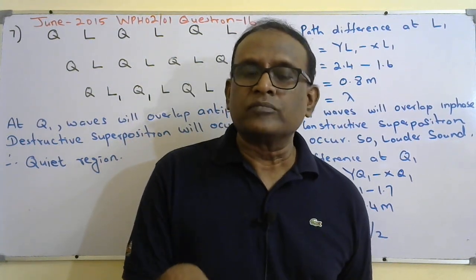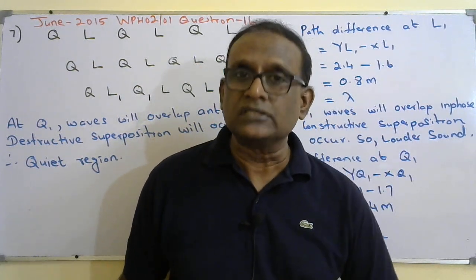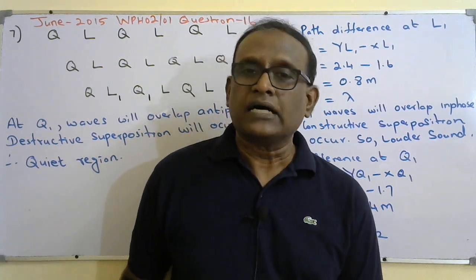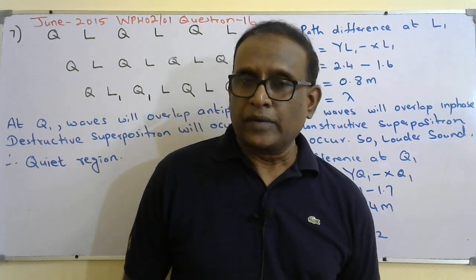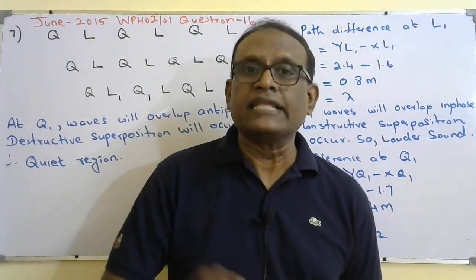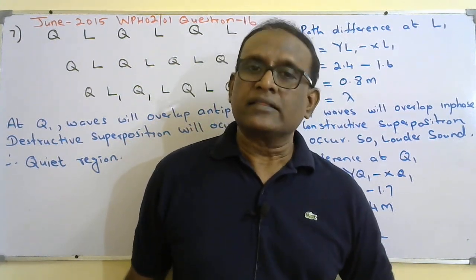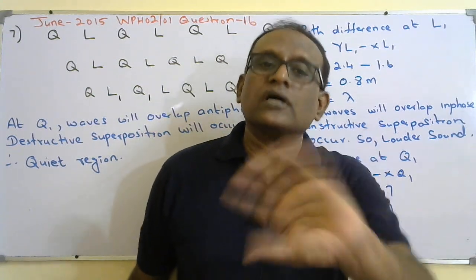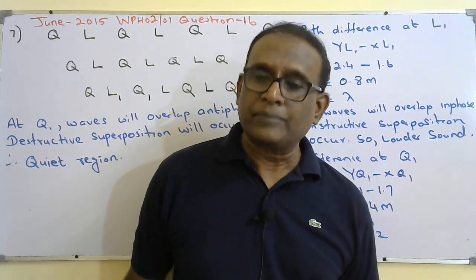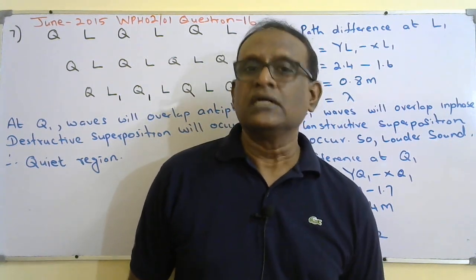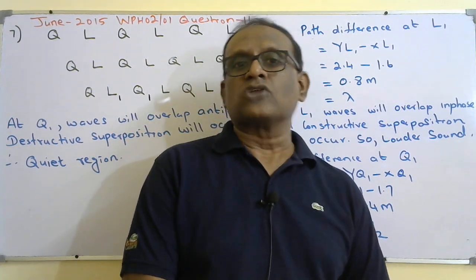If the path difference of the point from the two gaps is an integer multiple of lambda, the waves will overlap in phase and constructive superposition will occur, so the water particles will have large amplitude and push the soil away. If the path difference is an odd multiple of lambda by 2, the waves will overlap in antiphase and destructive superposition will occur, so the amplitude will become almost 0. That region is calm, so the soil will not be disturbed.